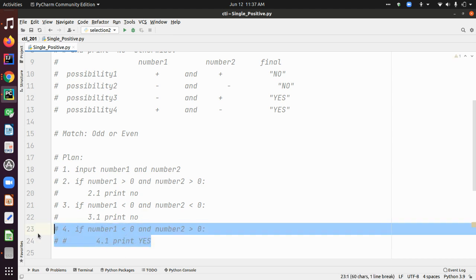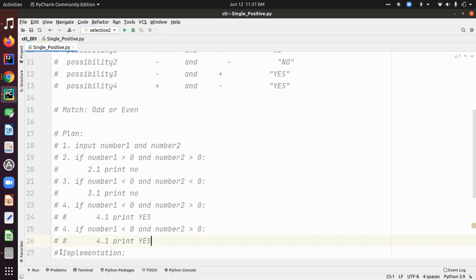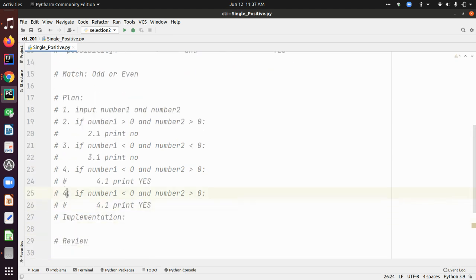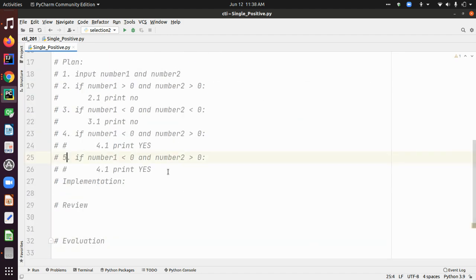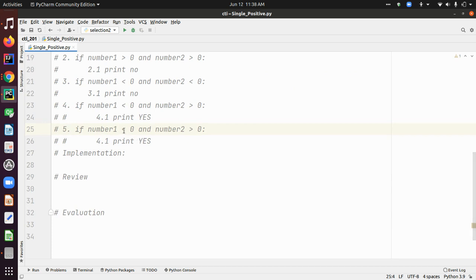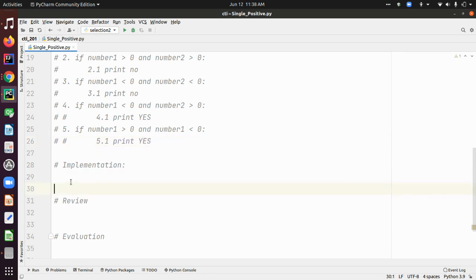And I'm going to copy this down to the last step. So it's the 5th step. In this case, number 1 is positive, number 2 is negative. All right. In this case, print yes too.